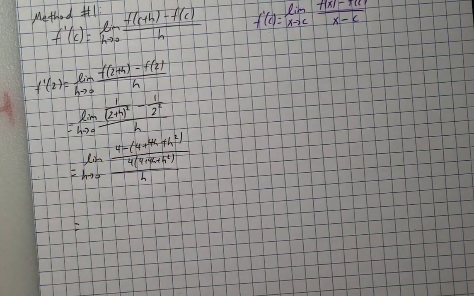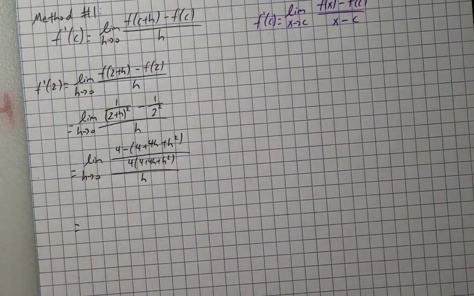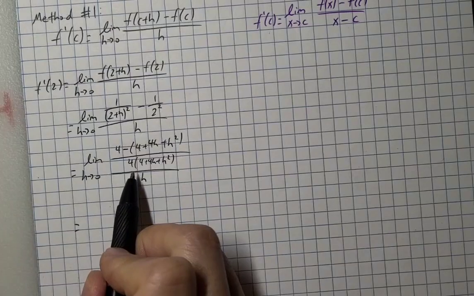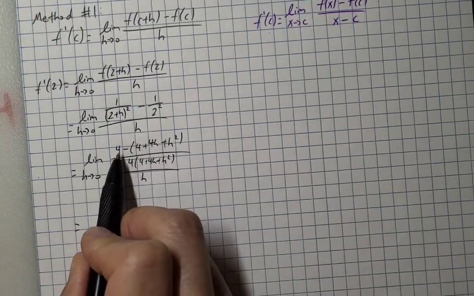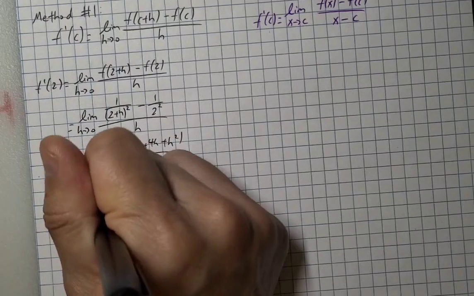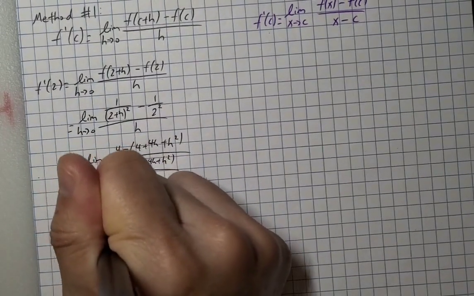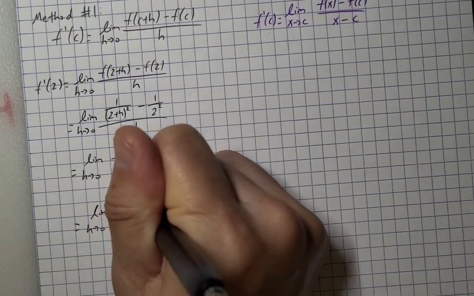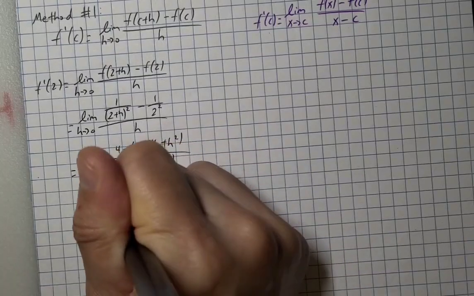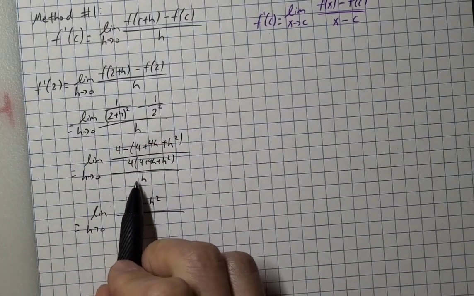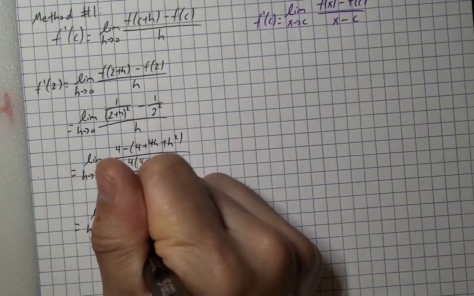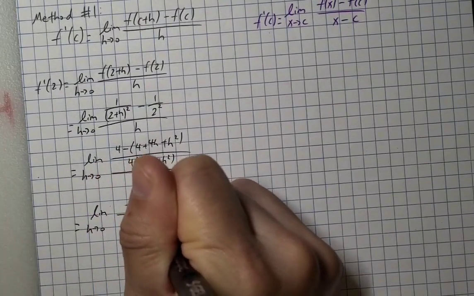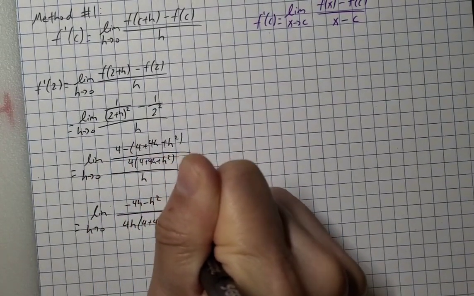Okay, and now see, this is where your algebra needs to be good. Exactly why. Okay, so now I can simplify this, distribute this minus sign to each one. Now I have a 4 minus 4, which is 0, so limit h goes to 0 of minus 4h minus h squared over, this is a complex fraction, but I could just move this h up to here, so it'll be 4h, 4 plus 4h plus h squared.